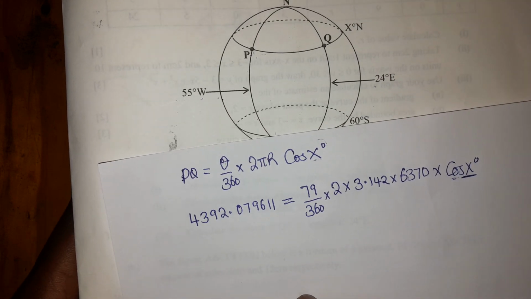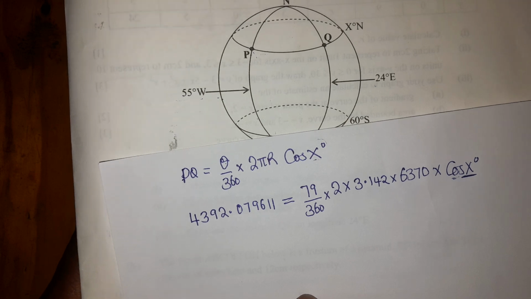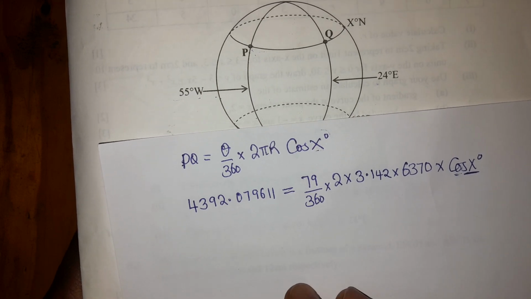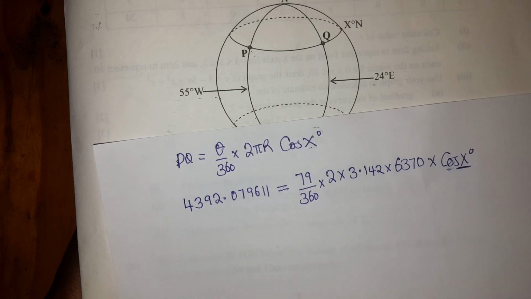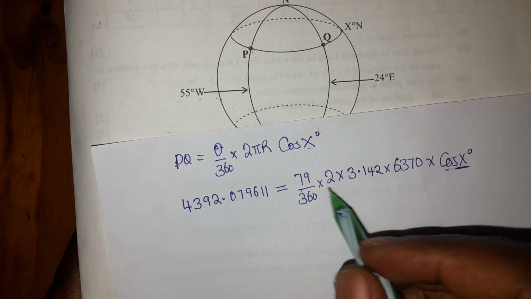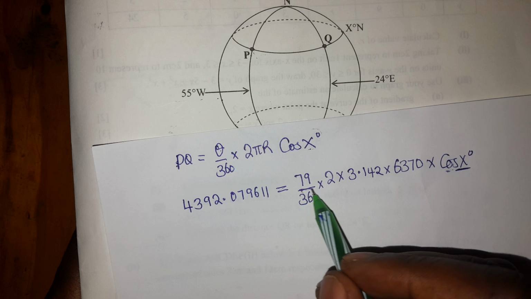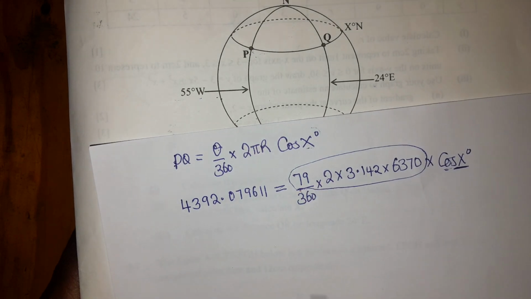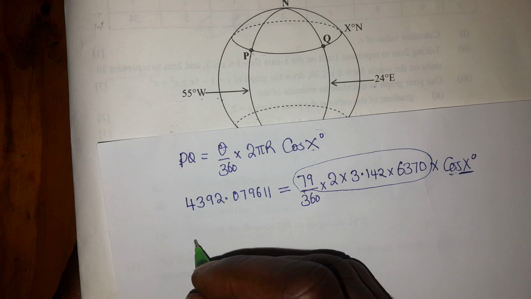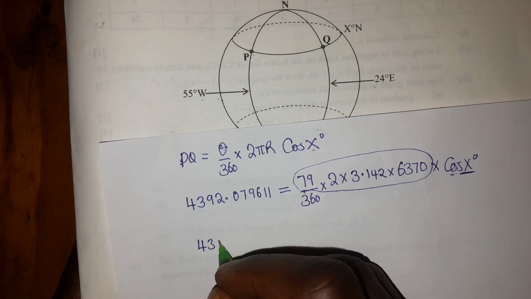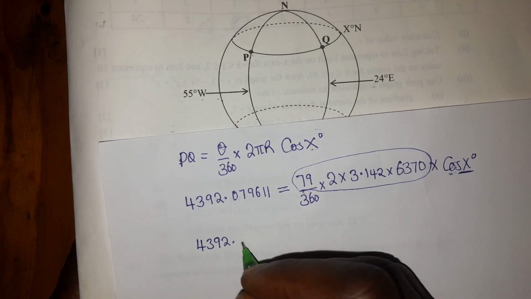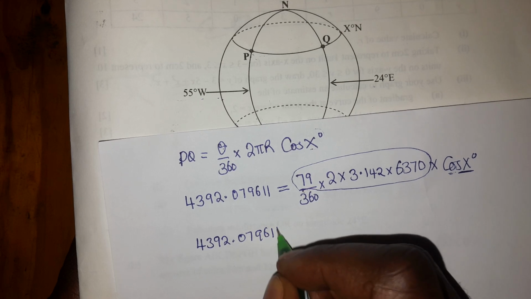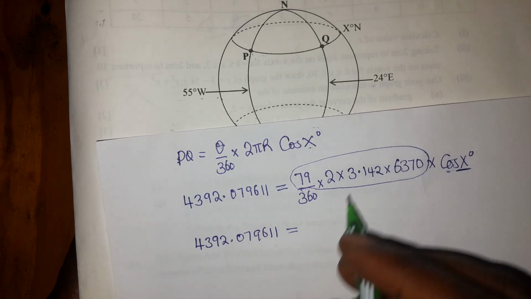All right, so what do we do now? It's the laws of mathematics that apply. We need to multiply all these so that we can get one value. I will maintain what I have on this side, 4392.079611, which equals what we get when I multiply these.